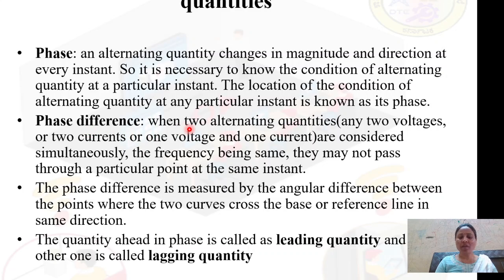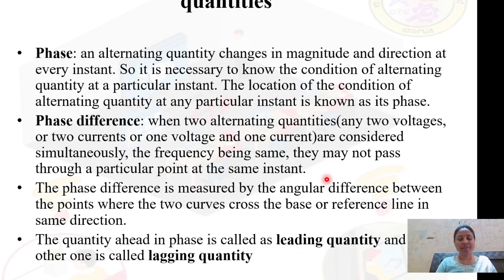Okay, what is meant by phase difference? Whenever we consider any two alternating quantities, could be either two voltages or two currents, or one voltage and one current, having the same frequency, they may not pass through the same point at the same instant.